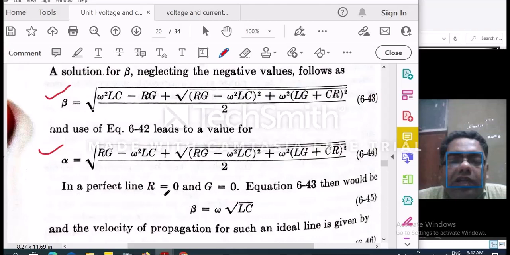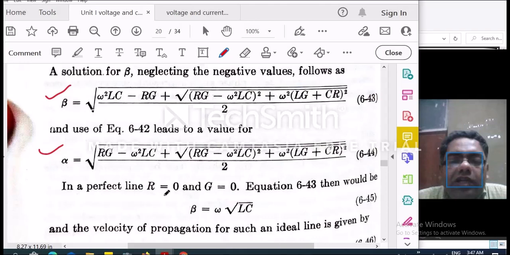Now, if we put the value of z as r plus j omega l and y as g plus j omega c, we will get this expression.